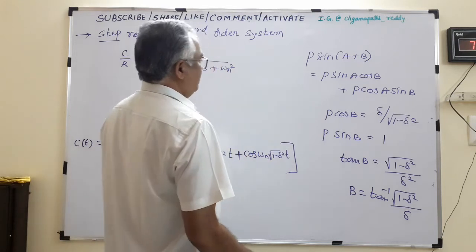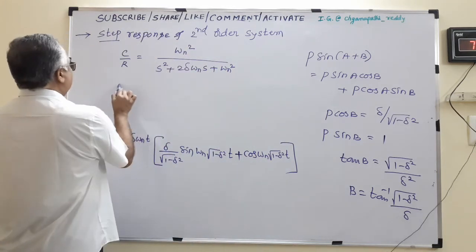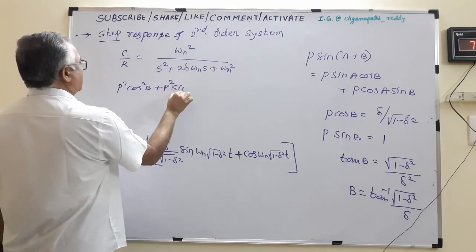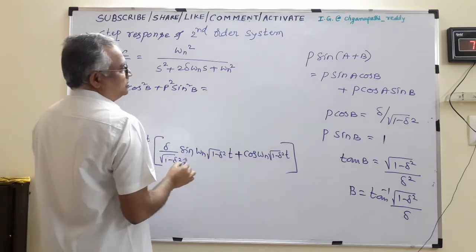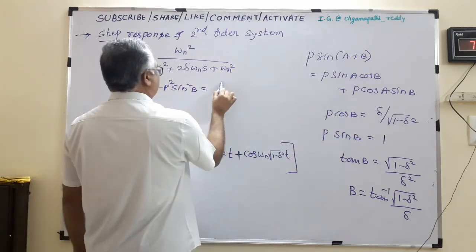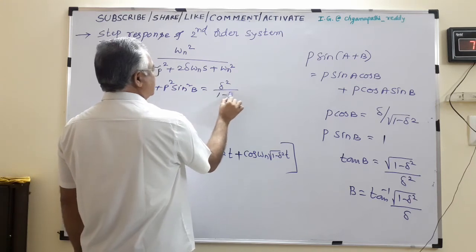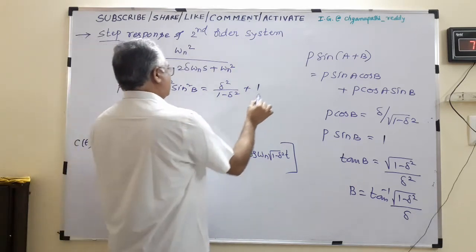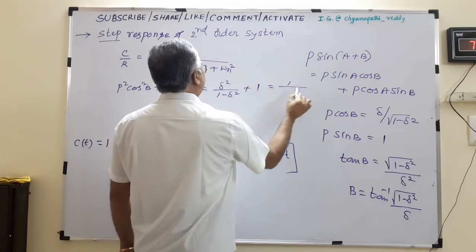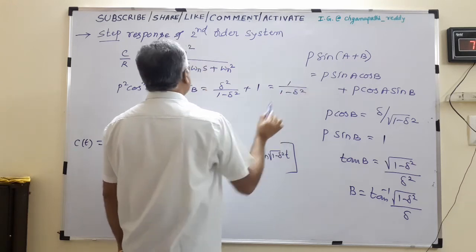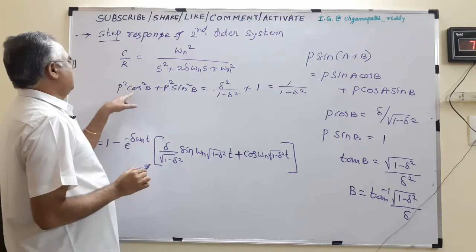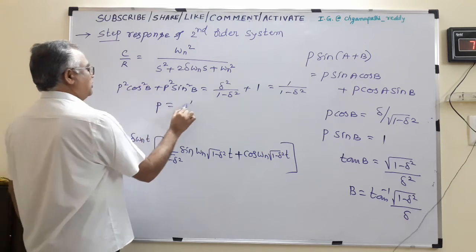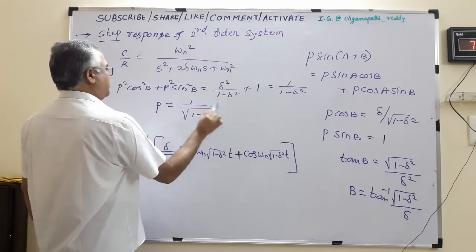Then how to find p? P square cos square b, p square sin square b. So what is the square of this? Delta square by 1 minus delta square, other is 1. So it is equal to 1 by 1 minus delta square. And if you take p common, cos square b plus sin square b is 1. So what is p? 1 by root of 1 minus delta square.